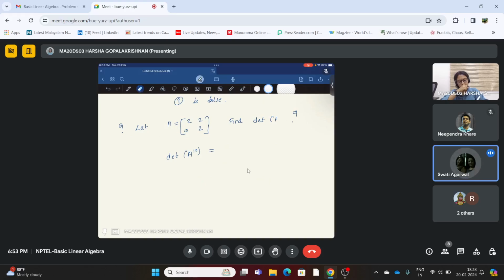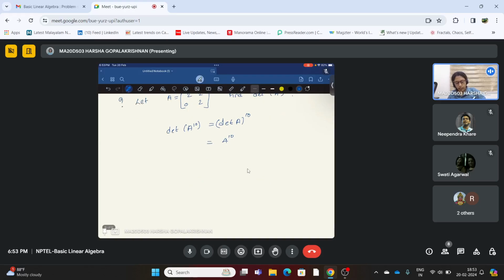A power 10 means multiplying A with A 10 times. So we can write it as the determinant of A, whole power 10. The determinant of AB equals the determinant of A times the determinant of B; if we have n multiplications, we can still split it like that. So here, what is the determinant of A? It is 4. So 4 power 10 is the value.